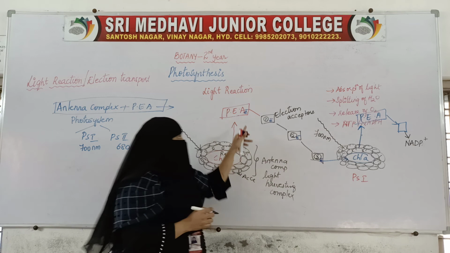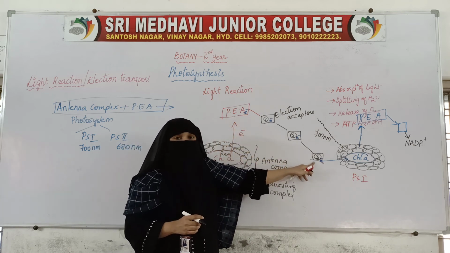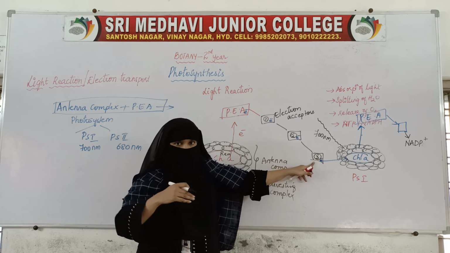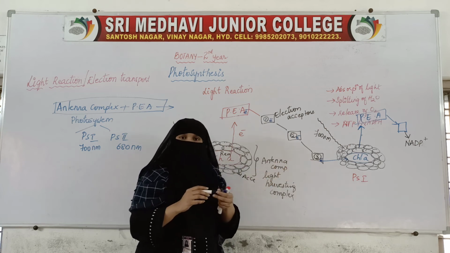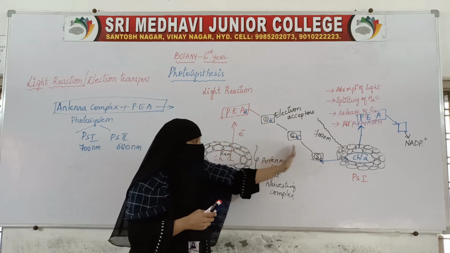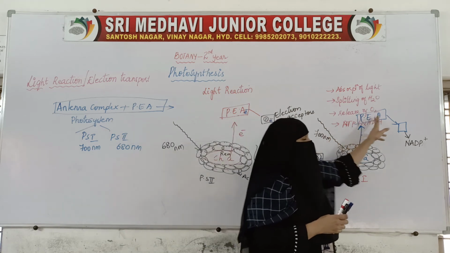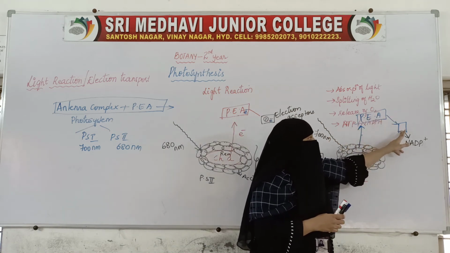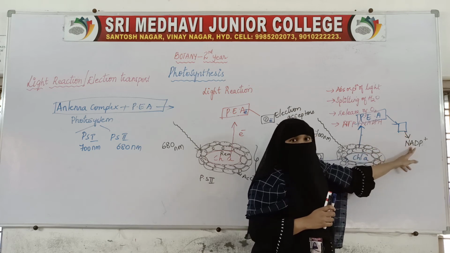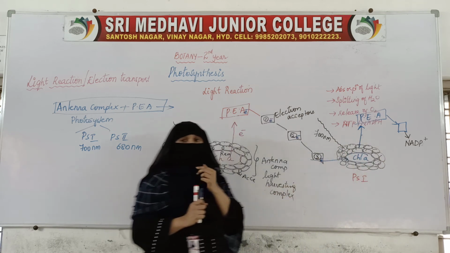From the primary electron acceptor, it has been transported to a series of electron acceptors, cytochromes and all. We will see this when we study cyclic and non-cyclic photophosphorylation. But as of now, it will be passed on through this chain of electron acceptors, and from the primary electron acceptor, it will be accepted by another electron acceptor, finally getting accepted by NADP.